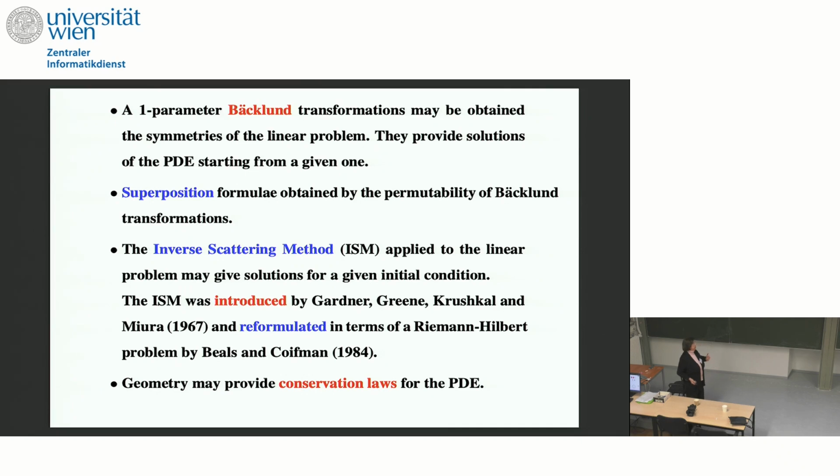And usually it may be done by using the inverse scattering method sometimes. And for that, we need a linear problem. So these equations provide these linear problems. Also, this inverse scattering started with Gardner, Green, Kruskal, and Miura in 1967, but then it was reformulated as a Riemann-Hilbert problem by Beals and Coifman in the 80s.